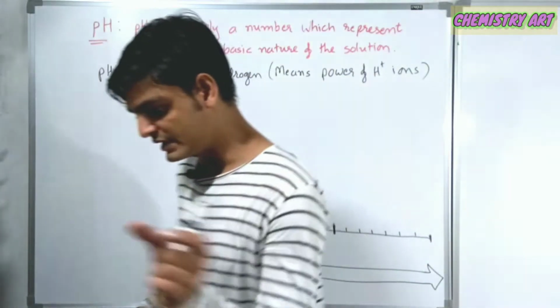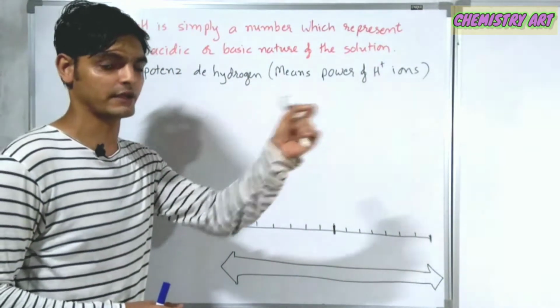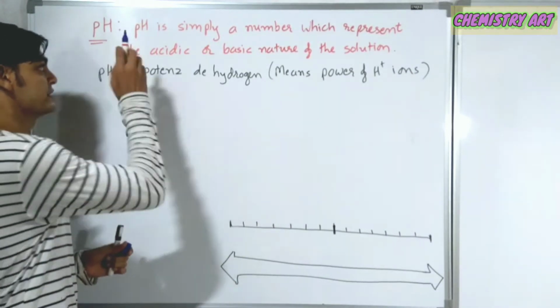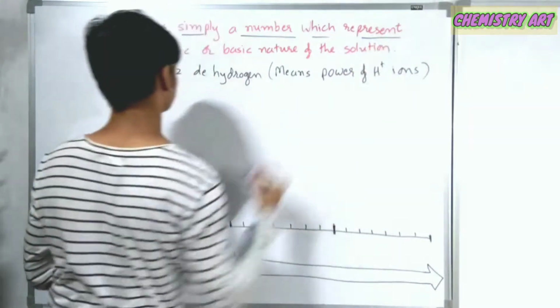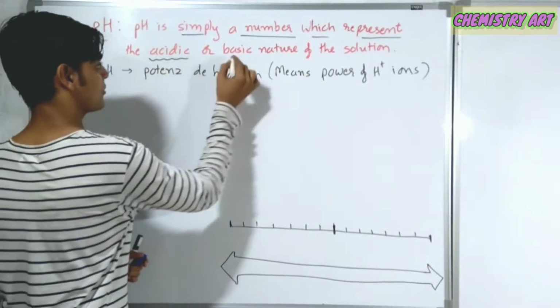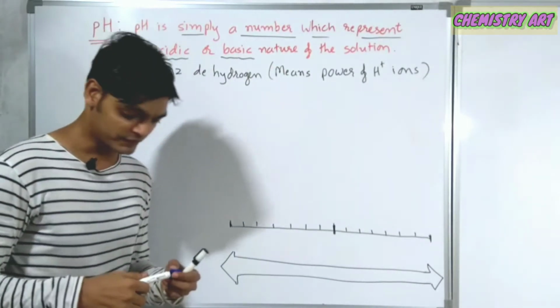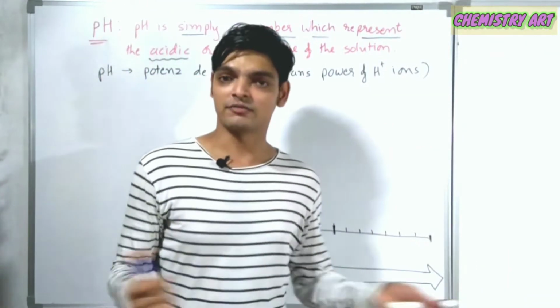We write pH from 0 to 14. So pH is simply a number which represents the acidic or basic nature of the solution. That gives us an idea whether the solution is acidic or basic.